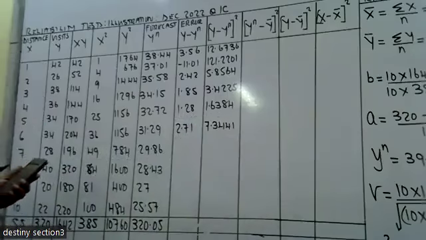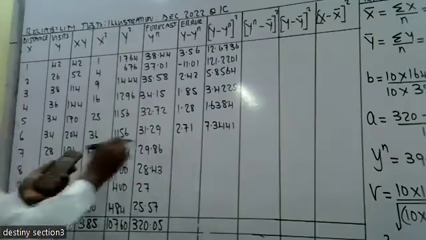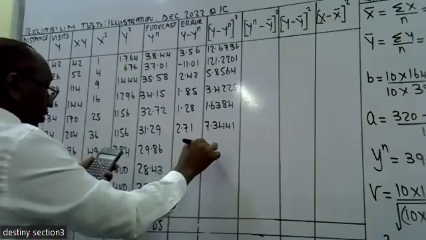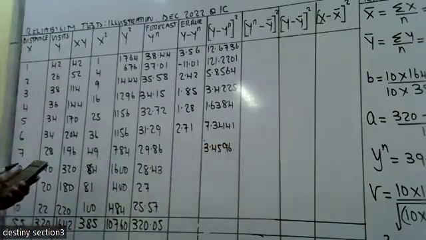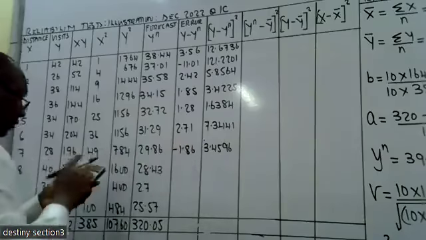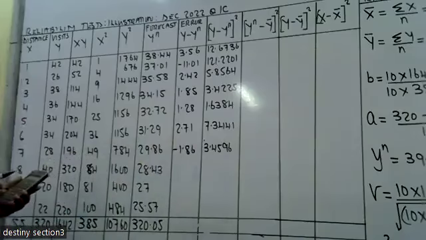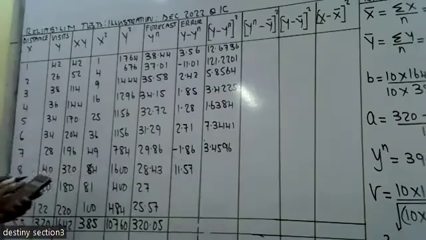28 minus 29.86, you square that. Oh, the square I got is 3.4596. It was 28 minus 29.86, negative 1.86. 40 minus 28.43 is 11.57.